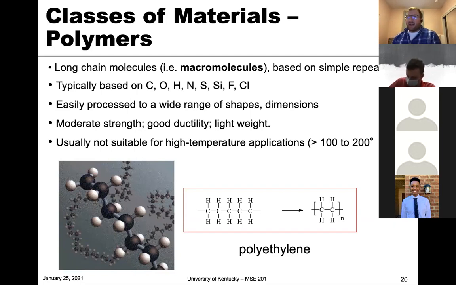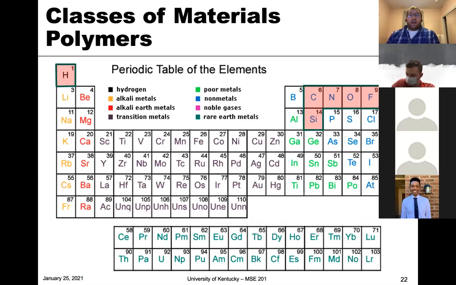You have plastic bags, plastic cups, all of that. These are very easily processed, but the strength isn't as good. They have good ductility and they're lightweight. But again, they tend to not be high temperature applications. So you don't want to pour boiling water in those. And again, the elements you're dealing with are very light, so up on the top of the periodic table.